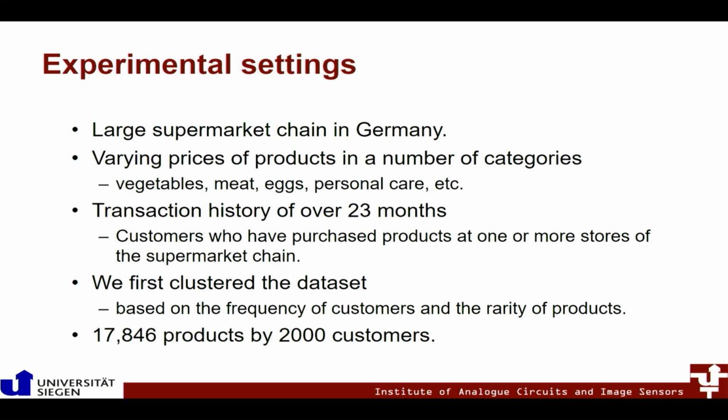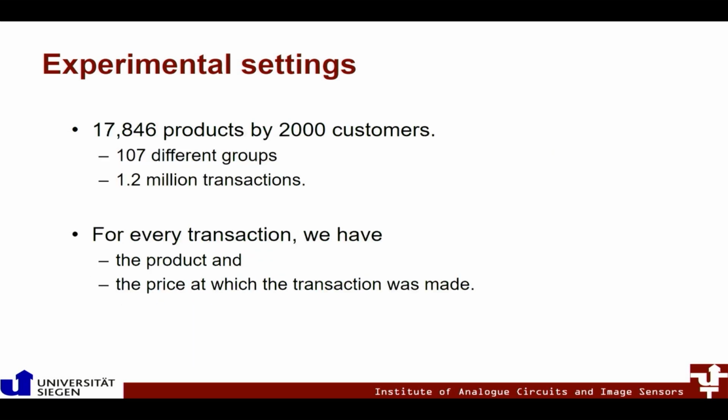And the idea was that we looked at the customers who had purchased products at one or more stores of the supermarket. Okay, so it has a chain. So we first clustered the data set based on the frequency of customers, how many times they are coming, and we ended up with about 17,800 products for 2,000 customers. So fairly large data set. Okay.